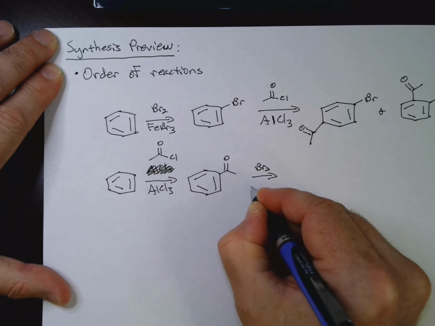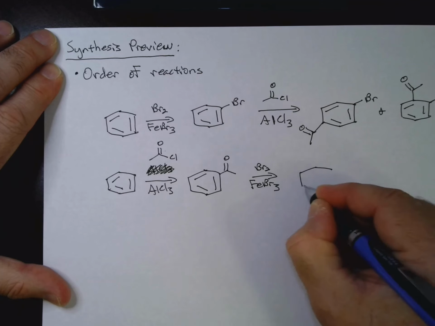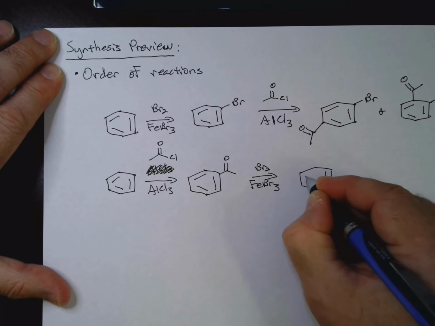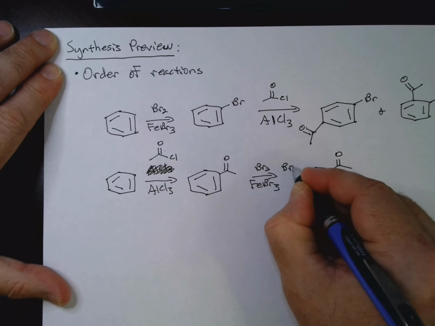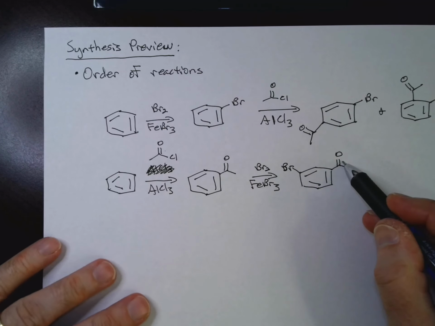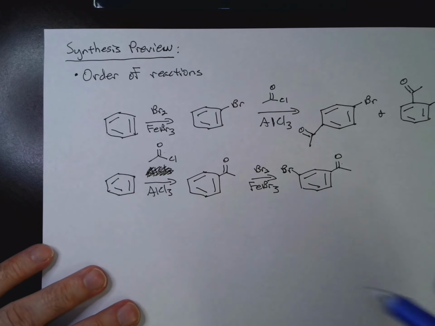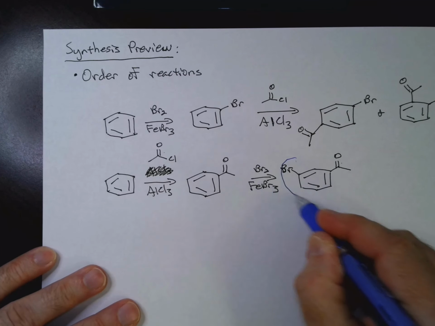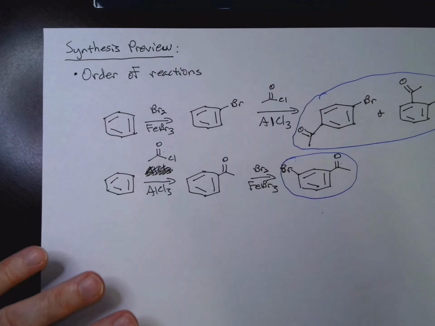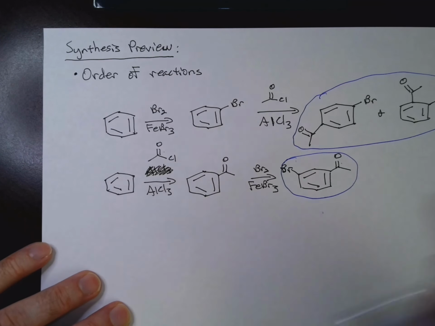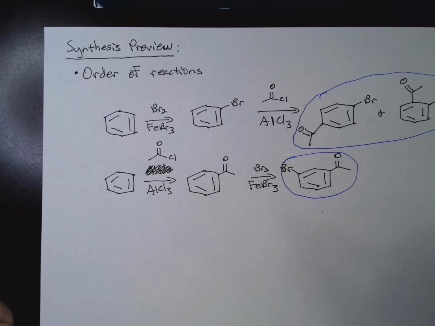Now if I try to brominate, I'm going to end up with the meta product, because the acetyl group here is meta-directing. So notice the difference between these products. And it's just because we did the reactions in a different order. So that's one thing you have to think about.